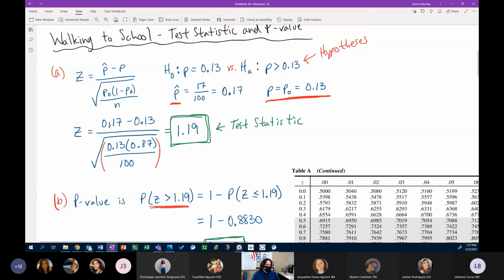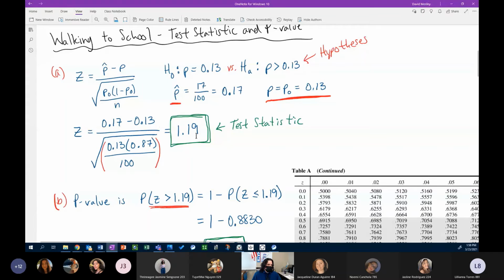We get Z equals 0.17 minus 0.13 divided by the square root of 0.13 times 0.87 divided by 100. If you're punching this in your calculator, you may want to put parentheses around this division that's under the square root sign, because you're taking the square root of that entire thing.